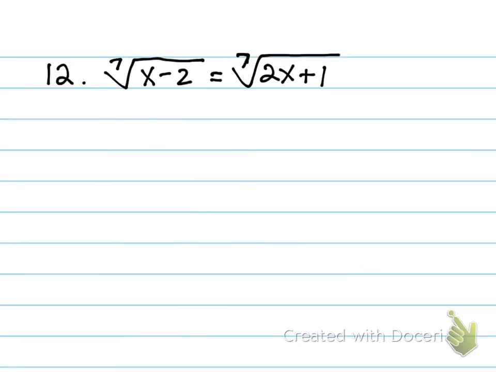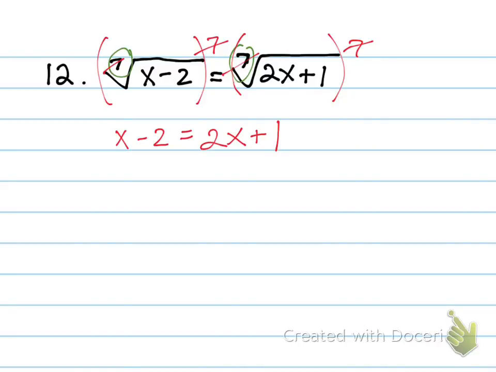Okay, one last one. I have two radicals that also have the same power. They're both the 7th root. So since they're the same, I can raise each side to the 7th power, and they will cancel. And I can rewrite this as x minus 2 equals 2x plus 1.